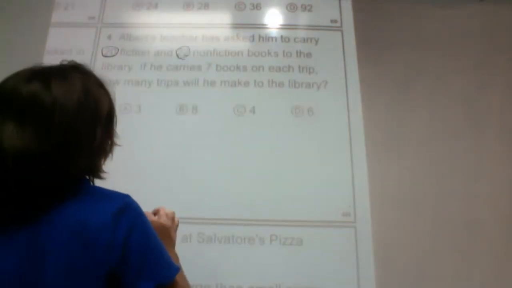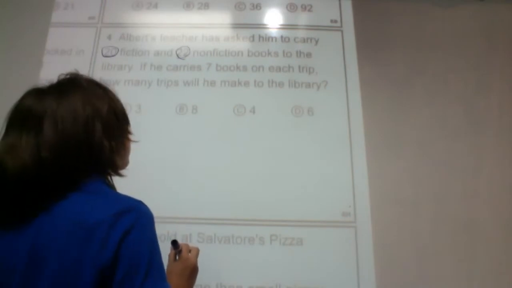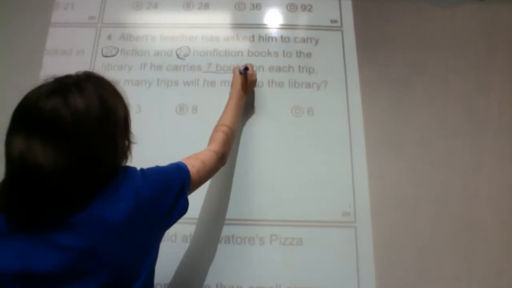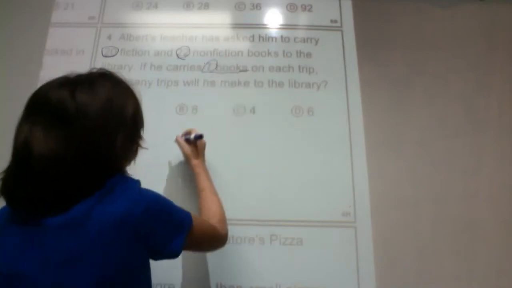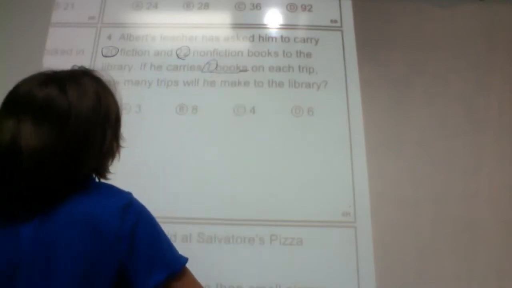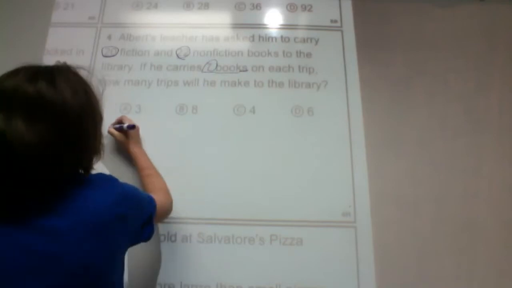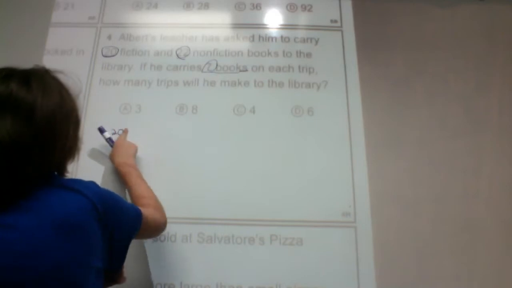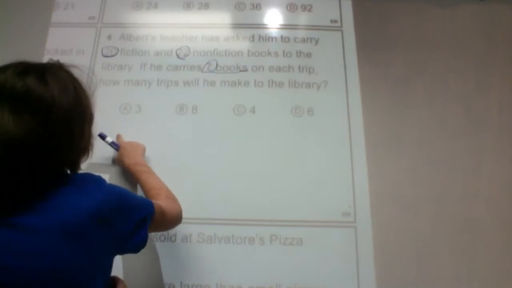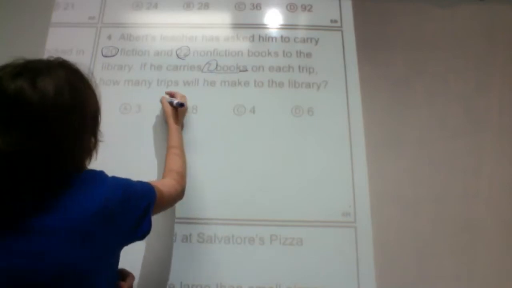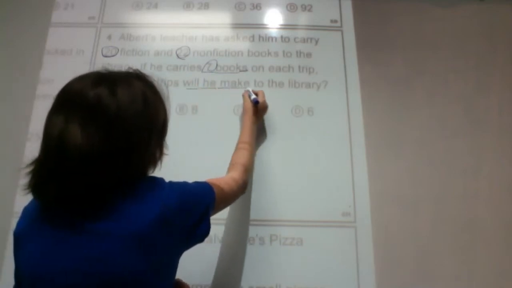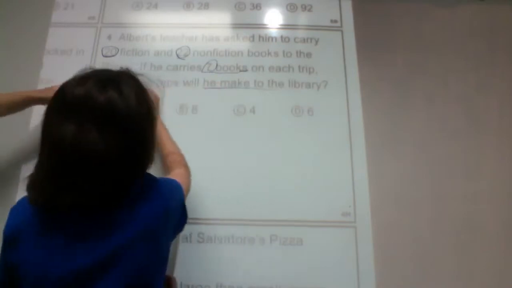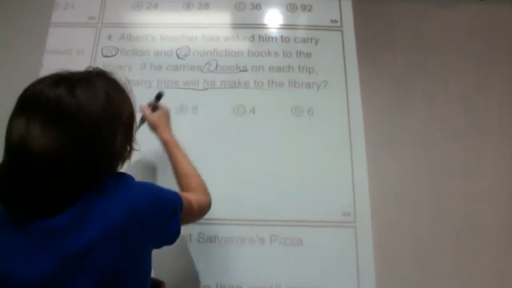If he carries 7 books on each trip, how many trips will he make to the library? Don't forget to underline the question. All of it. How many trips will he make to the library? There we go.